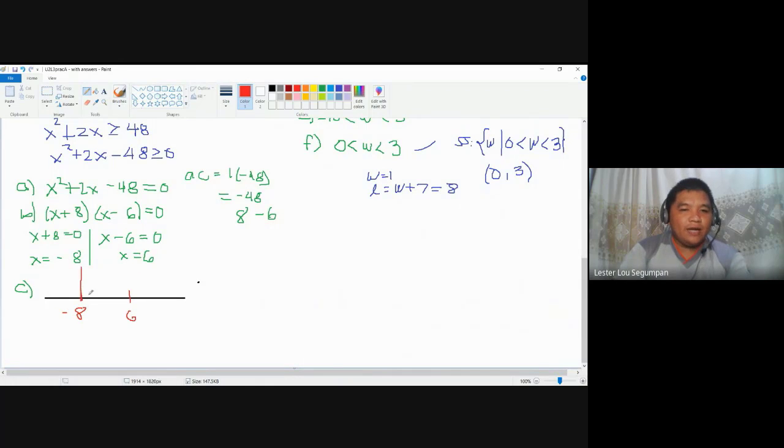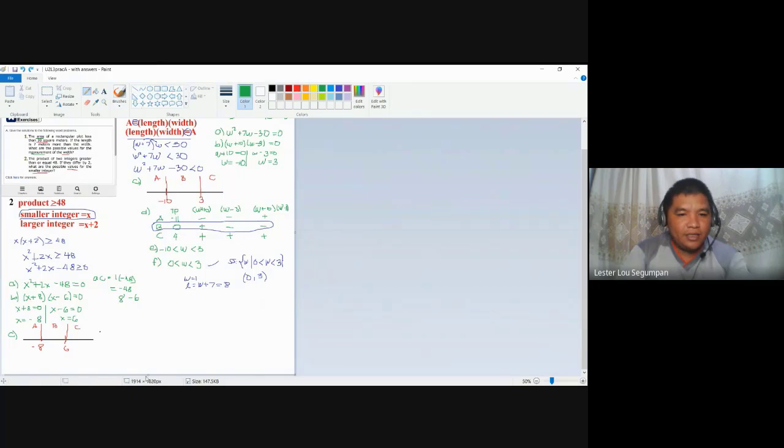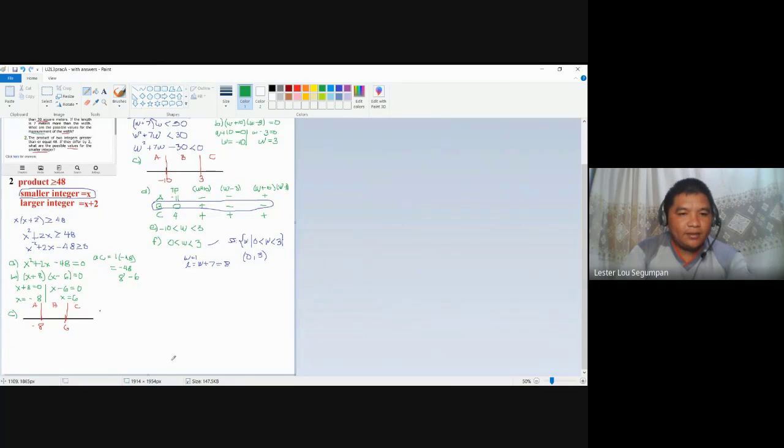The three regions now, A, B, C, may use the following test points. Again, I need some extra space here, just for letter C.